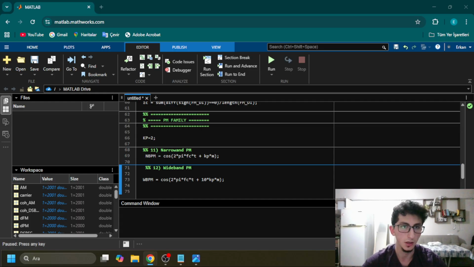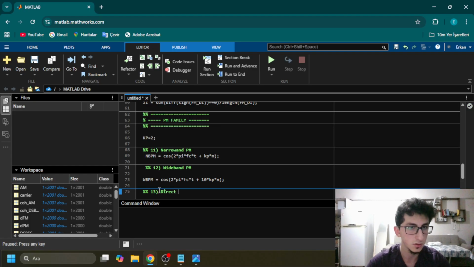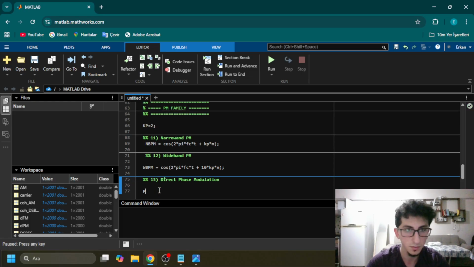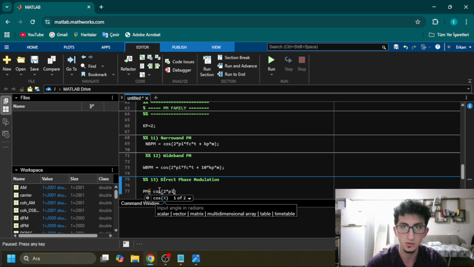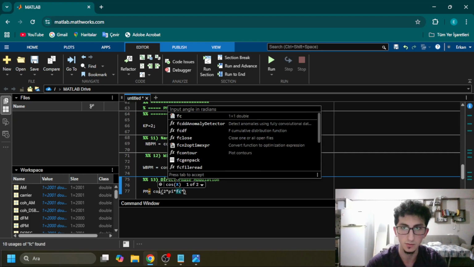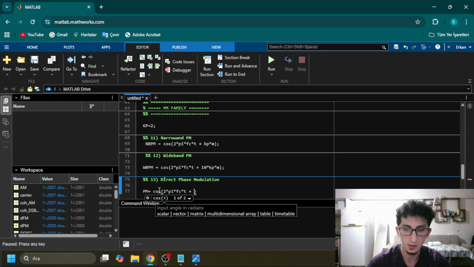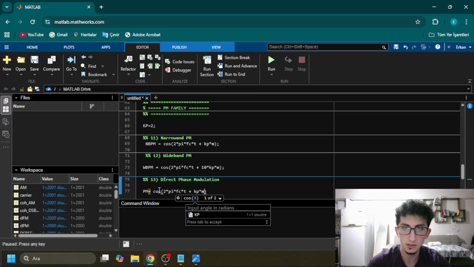So I'm gonna start with the name, direct phase modulation. PM equals, again, it depends on the cosine signal, so 2 times pi times Fc times t plus Kp times m.